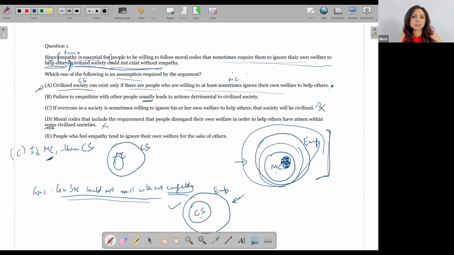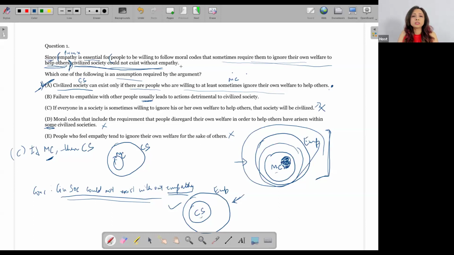It cannot be an assumption. Okay, then E, people who feel empathy tend to ignore their own welfare for the sake of others. Now, this doesn't even talk about the civilized society, so obviously this will also not be relevant. So our answer is simply going to be option A, right?